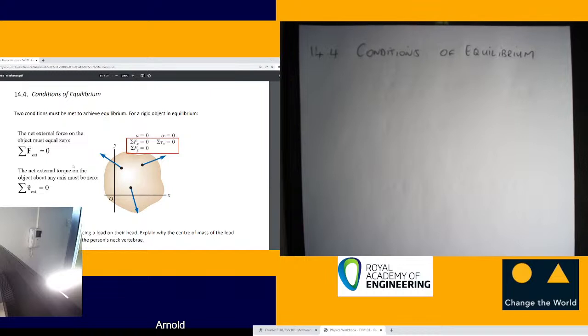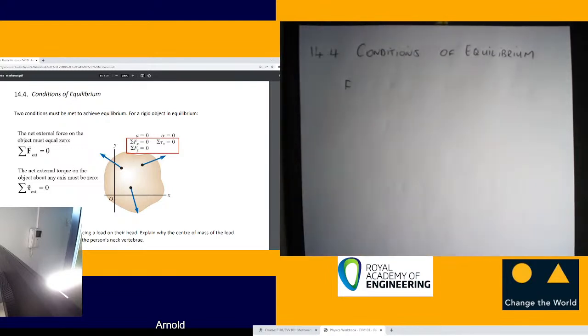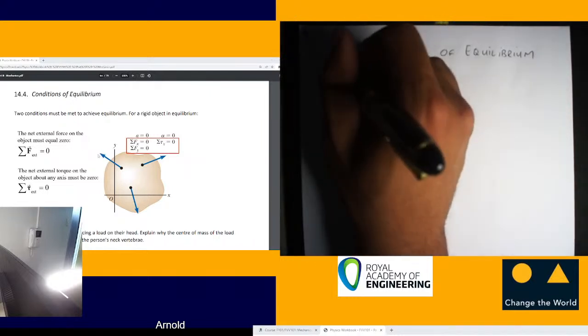There are two conditions for equilibrium. For a rigid body in equilibrium, unfortunately I only have so much screen space. So let me just focus on the chats.